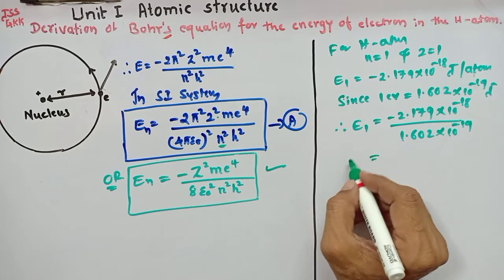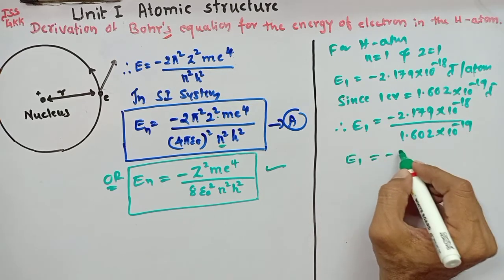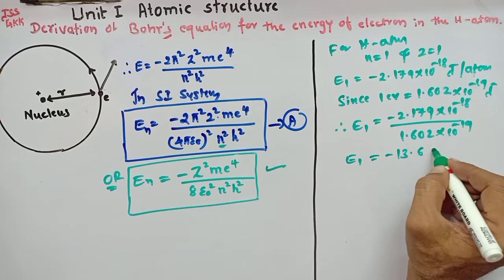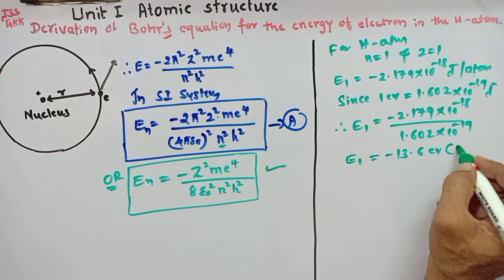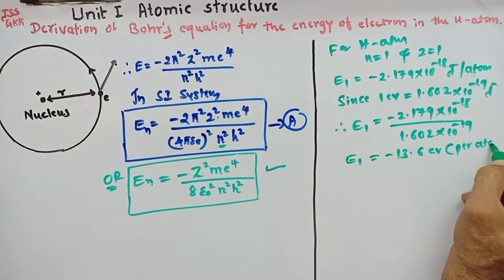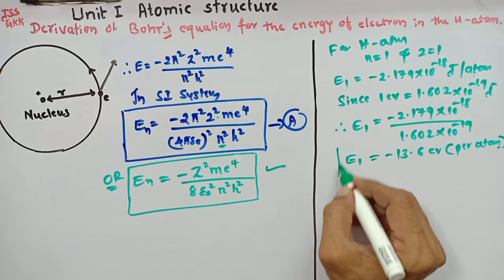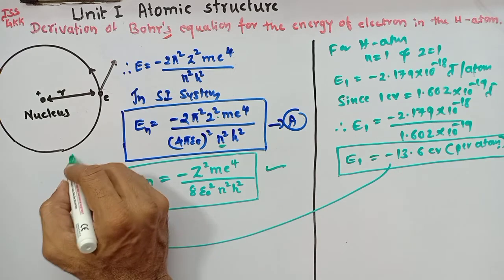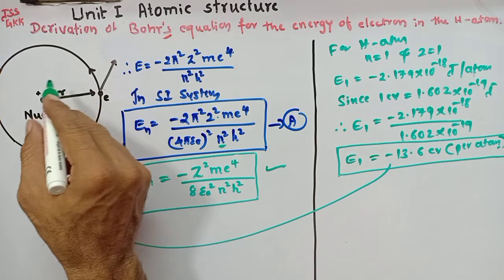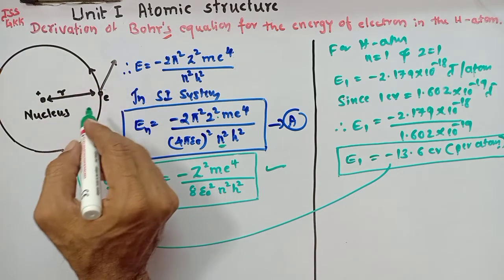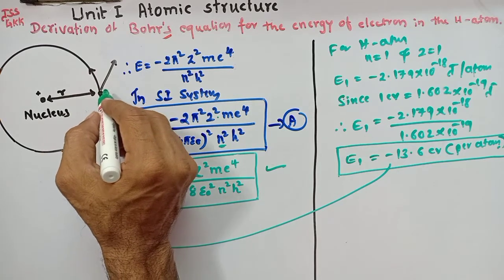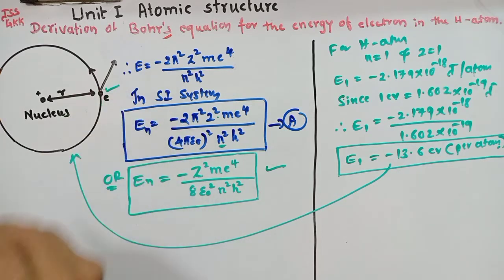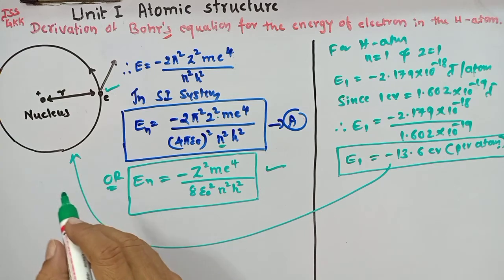That comes out to minus 13.6 electron volt per atom. This is the energy associated with the first orbit of the hydrogen atom, or the energy of an electron present in the first orbit.